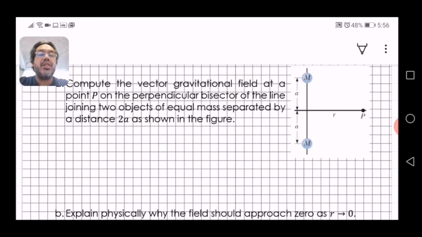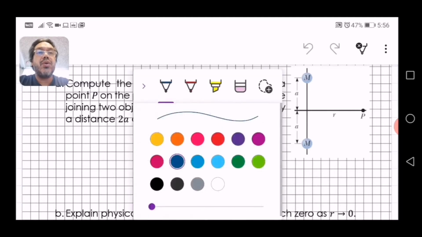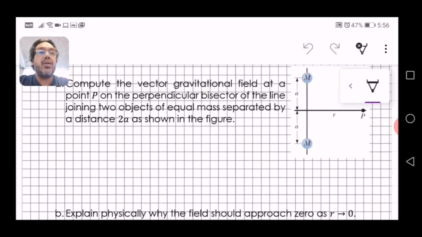And we determined in the previous video that the gravitational field was directed along the axis, and it depended proportionally on R and inversely proportionally on the special power (R squared plus A squared) to the 3/2.